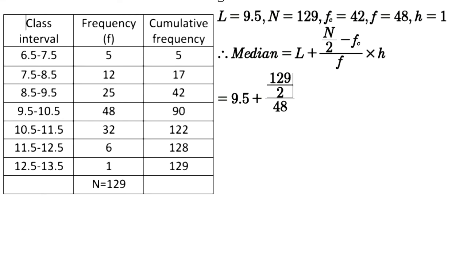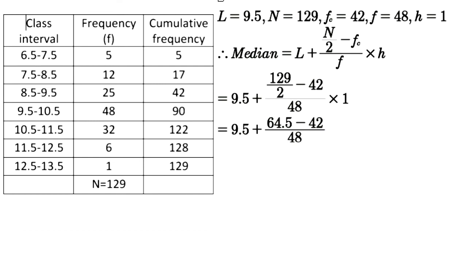FC value equal to 42, multiplied by H value equal to 1. Then it equals 9.5 plus 129 divided by 2, which is equal to 64.5, minus 42.